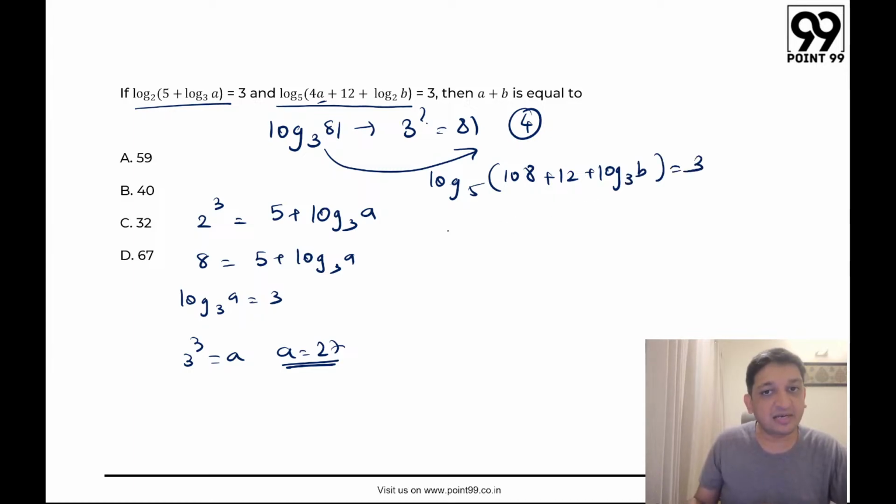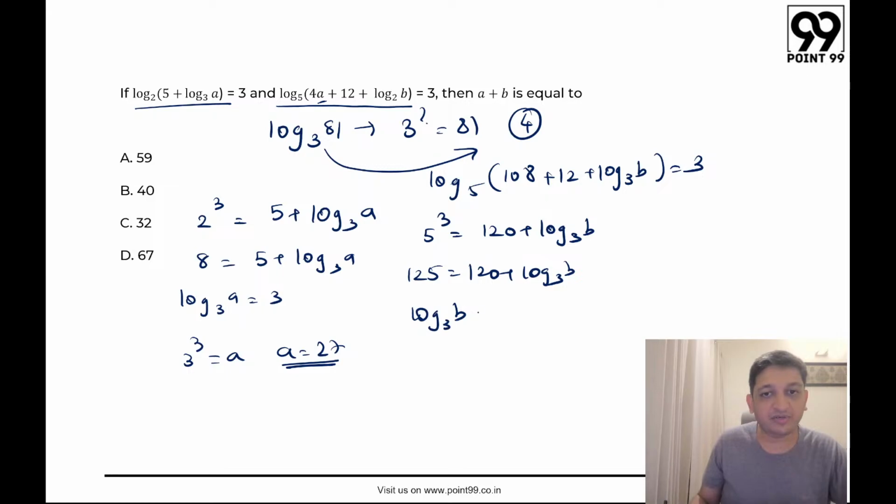So 5 cube will be equal to 108 plus 12, that is 120, plus log of b to the base 3. So 125 will be equal to 120 plus log of b to the base 3.